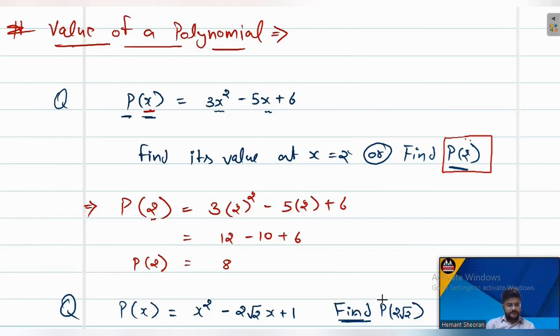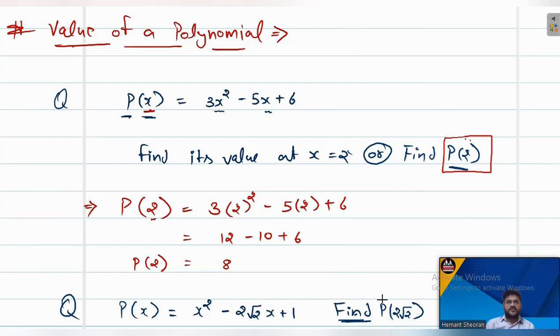Just a second, sir. So it would be P of 2 root 2 is equal to 2 root 2 squared. Which is 2, right? No, just check it again. 2 root 2 times 2 root 2, that's what the square means.